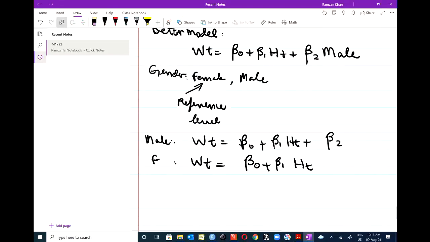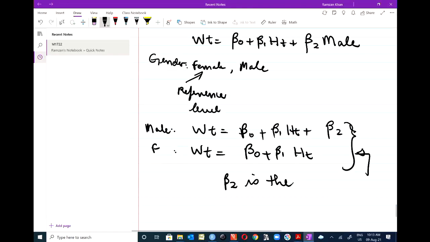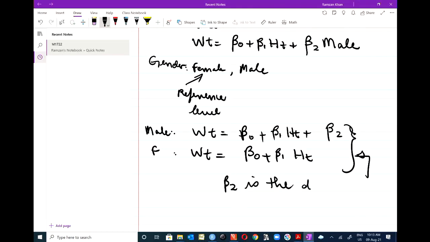So the difference here is beta 2. Beta 2 is the difference in mean weights between male and female. I said heights, sorry, I mean mean weights.